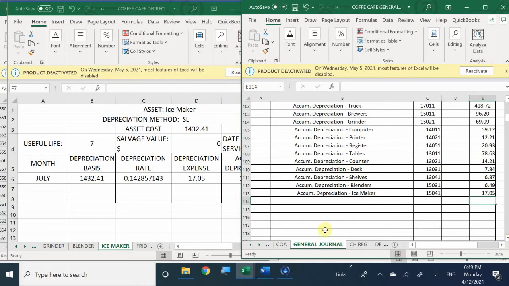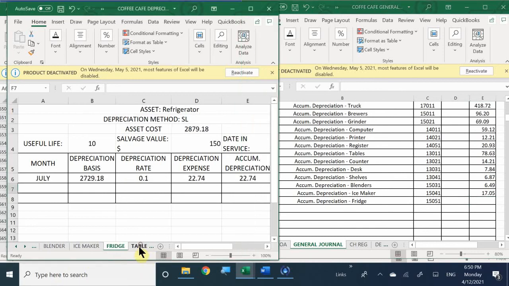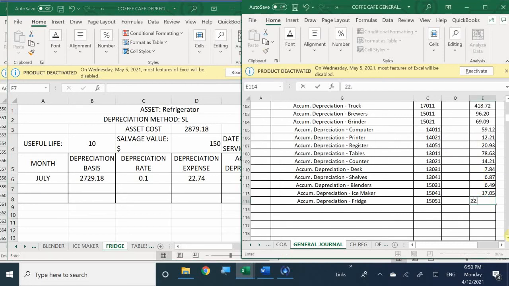Okay. Then we also calculated the accumulated depreciation for the refrigerator. Okay, which is 15051. Okay. So the refrigerator, right, we solved it to be $22.74. Okay.